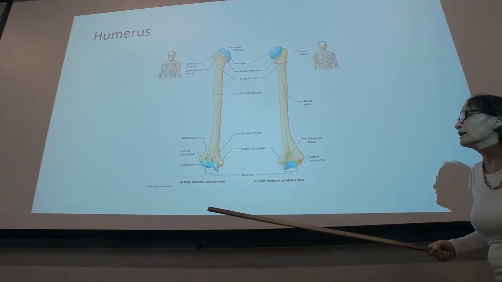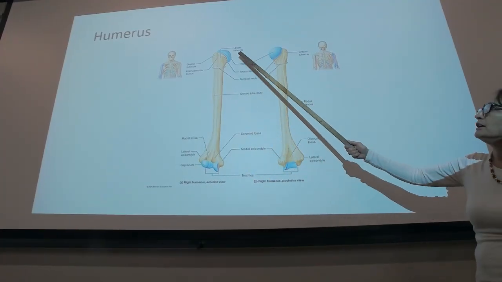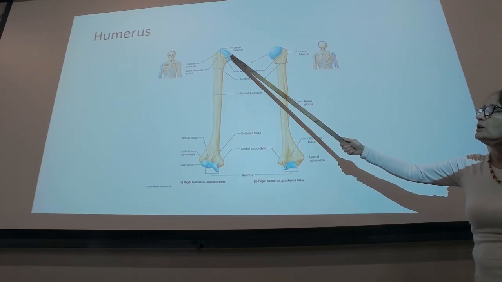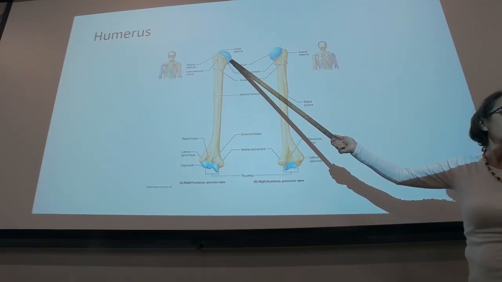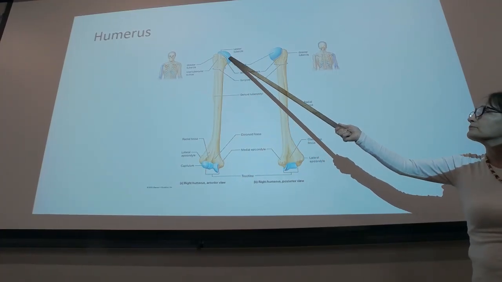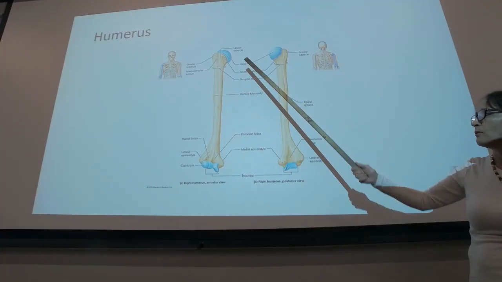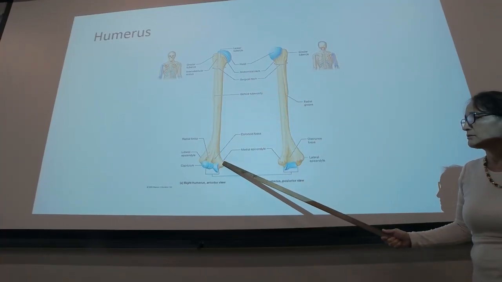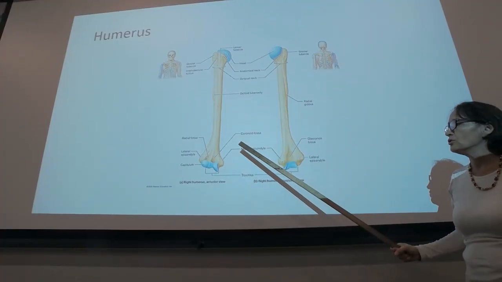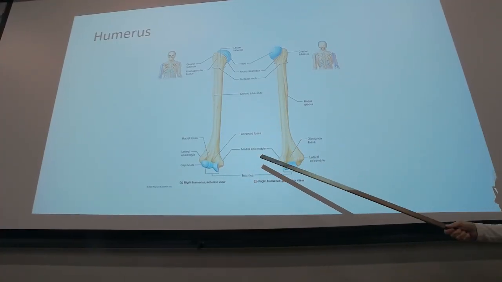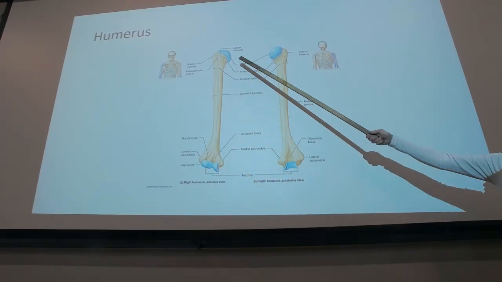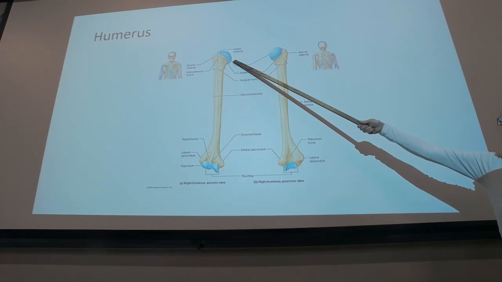Now, how will I know what is medial, what is lateral? Well, if you look here in the proximal epiphysis of the humerus, we have the head, and the head faces medially. So one way to know, not only here in this distal epiphysis what is medial and what is lateral, but also maybe if this is a right or a left humerus, is by looking here, the head.